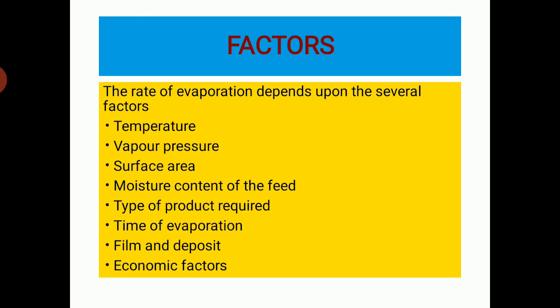Third one is the surface area. The greater the surface area of the liquid, the greater the evaporation. For this reason, evaporation is conducted in evaporators with a larger heating surface.